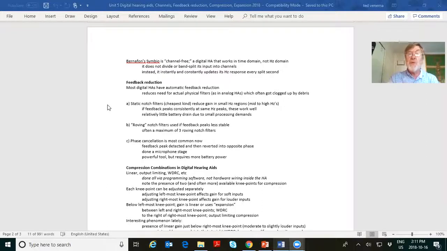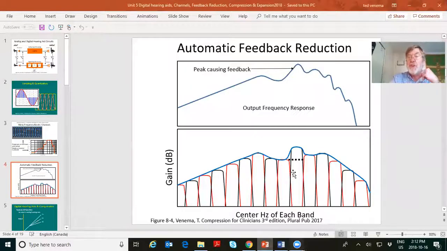The first kind were called static notch filters. They were the cheapest kind. Simply reduce the gain in a small frequency region. So much like this picture here, simply reduce the gain in a small frequency region, and you'll get rid of the feedback. Your notch filter could be here, it could be over here, it could be over here.